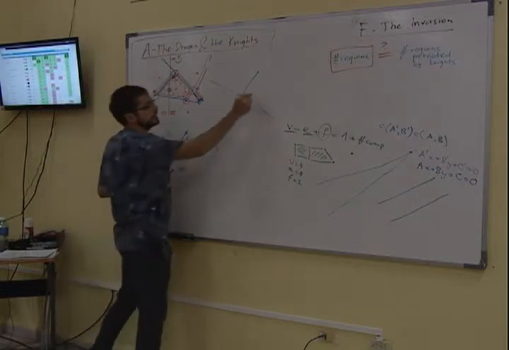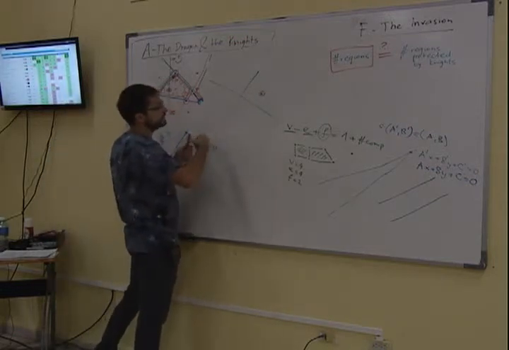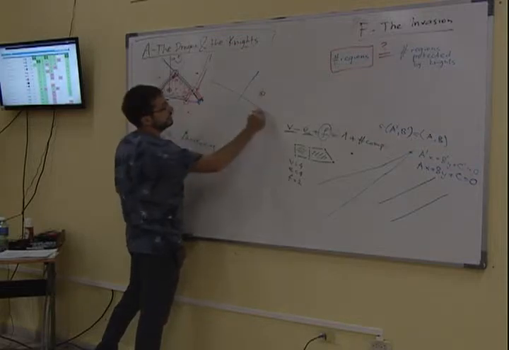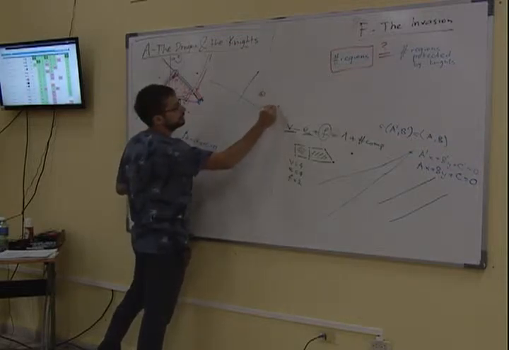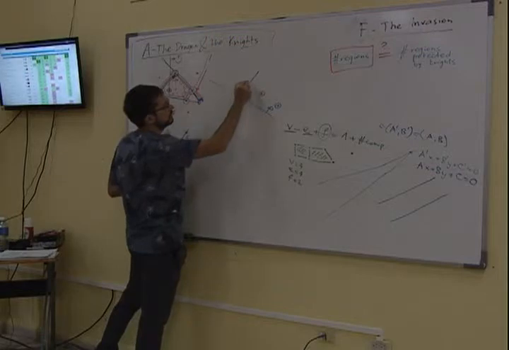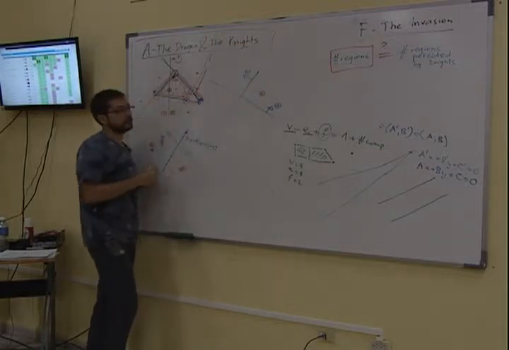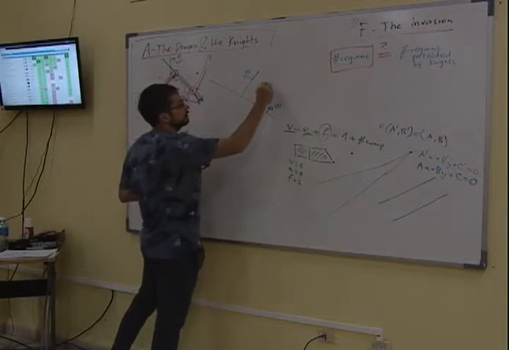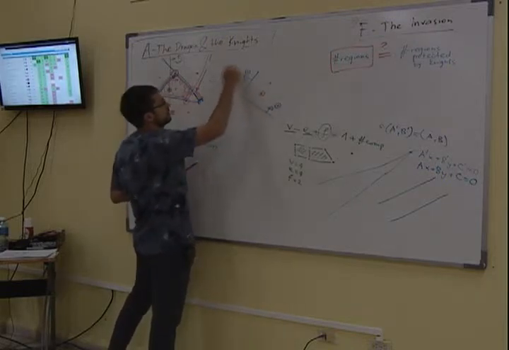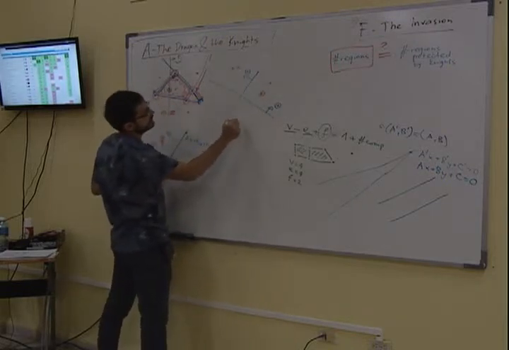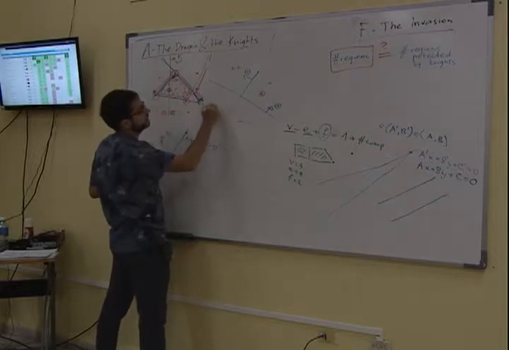So for this region will be like positive on one line and negative on the second line. So this region will have positive, negative. This will be positive, positive. This will be negative, negative, and negative, positive, right?